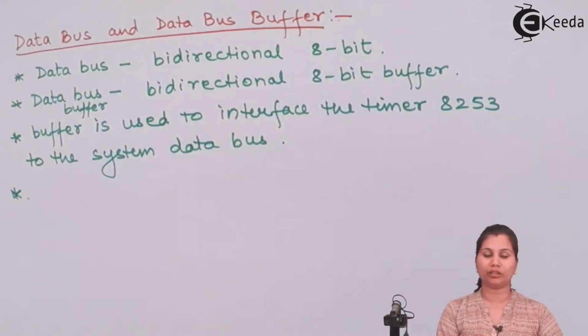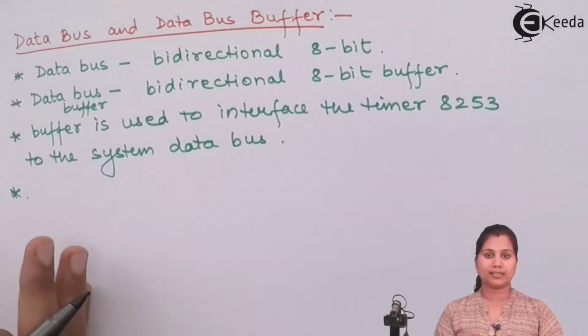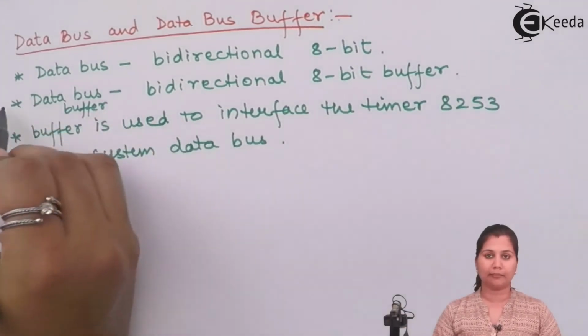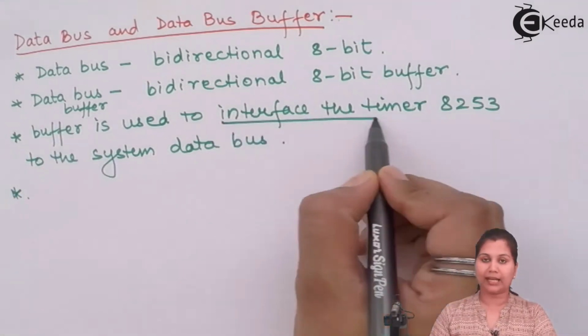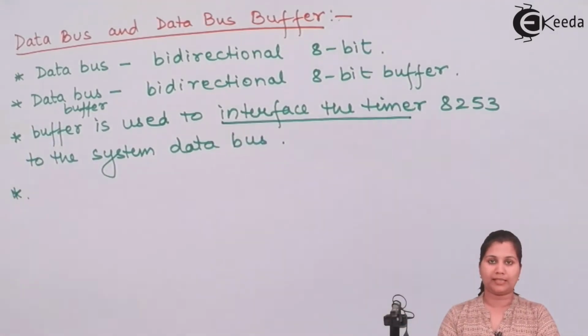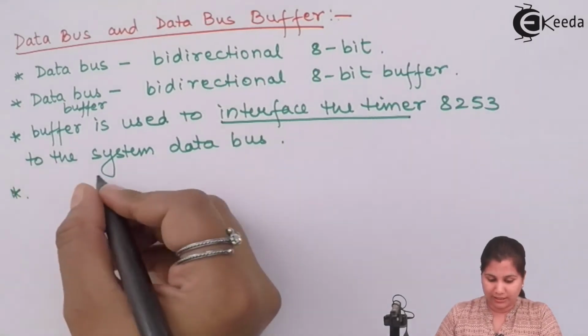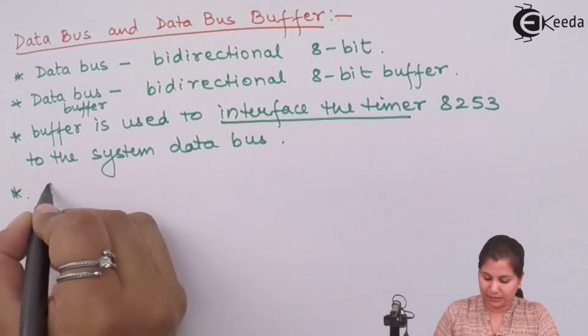It will perform the timing and counting operations for the microprocessor. So it is connected to the data bus of the microprocessor through this data bus buffer. The function is to interface the timer with the microprocessor data bus. The operation of this data bus buffer is controlled by the chip select line.